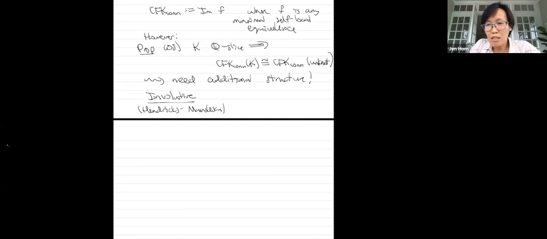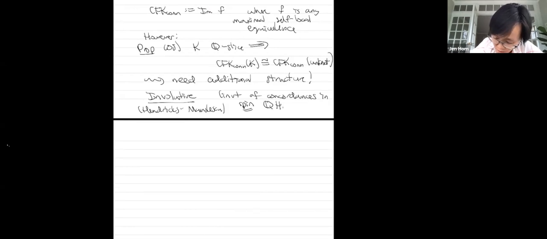And so what's the trick that makes involutive actually help in this situation? The trick is that involutive gives us an invariant of concordances in spin rational homology cobordisms. So it's this bit that really makes things work for us.